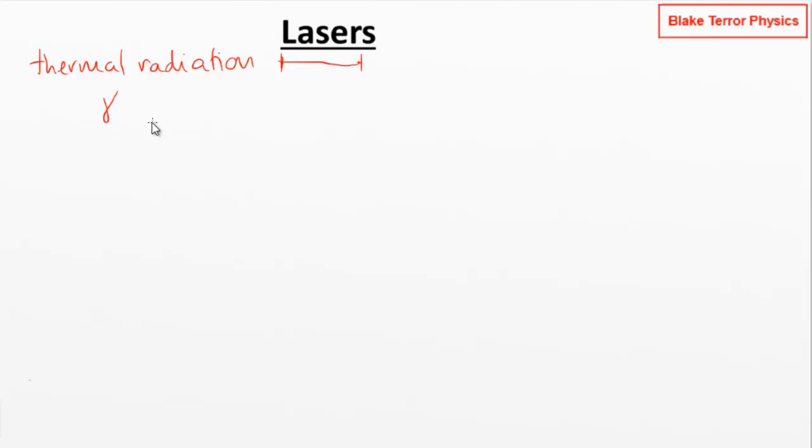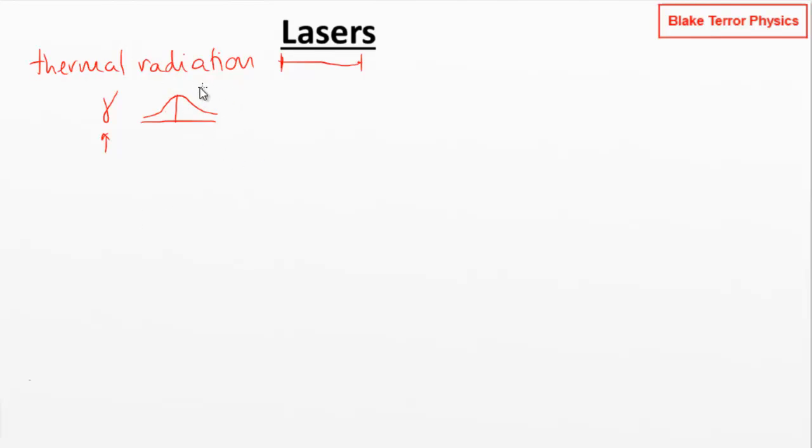But these photons are emitted at random in random directions and have a distribution about some particular frequency based on what the temperature is. The temperature will determine the peak frequency that we're getting from this thermal radiation, and we're going to get a distribution around this.